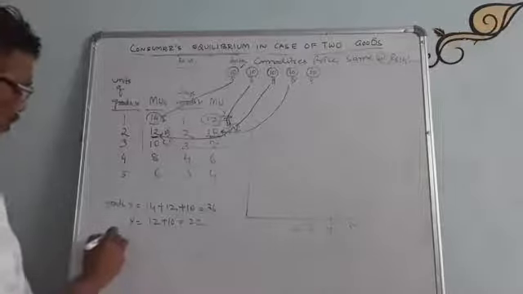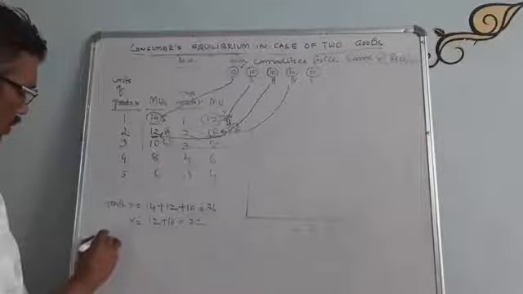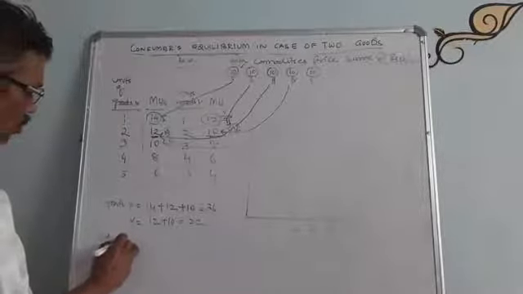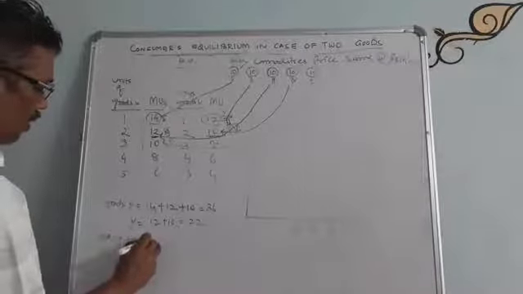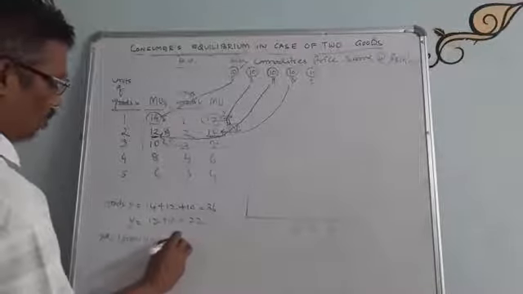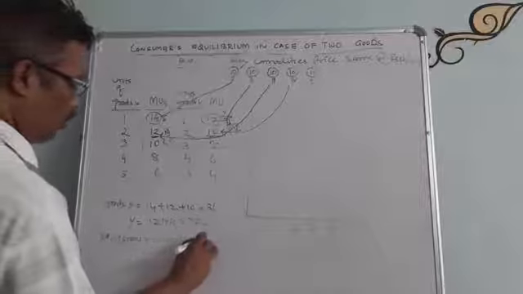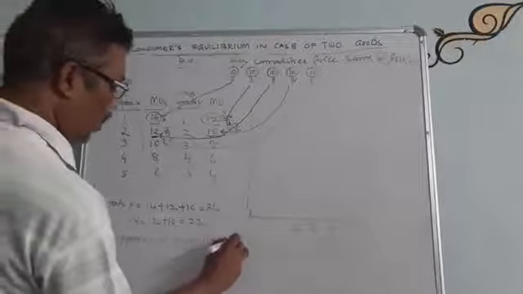Total of goods X plus goods Y equals 14 plus 12 plus 10 plus 12 plus 10 equal to 58.